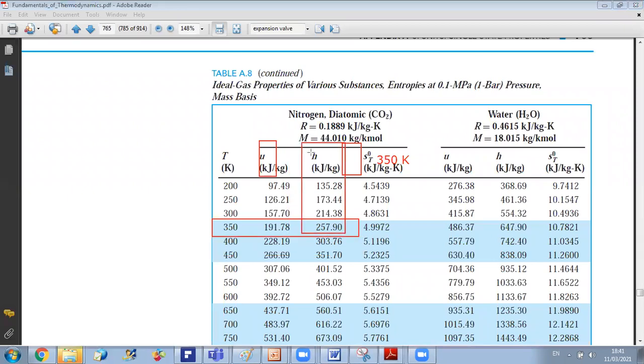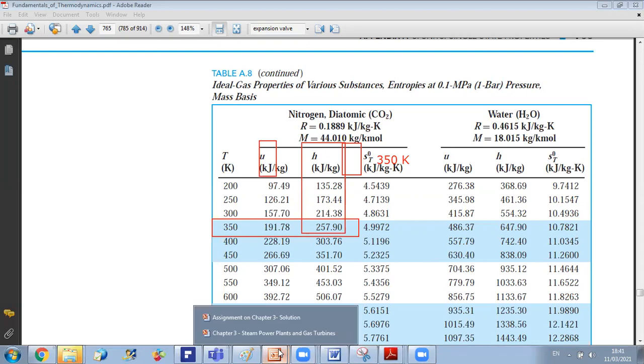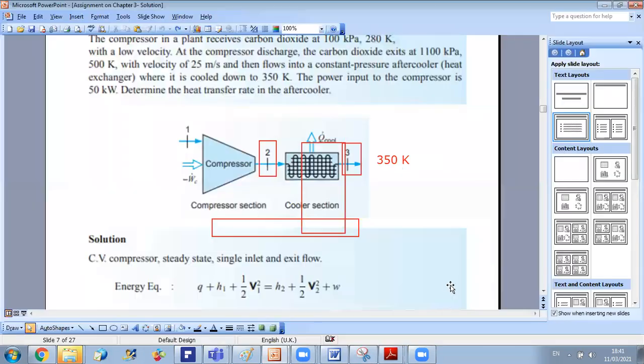Now I can apply the energy equation for my cooling section. Since it's a heat exchanger, Q of course will not be zero. What will be zero? The work. Exactly, no work. No work is provided or given by the heat exchanger.